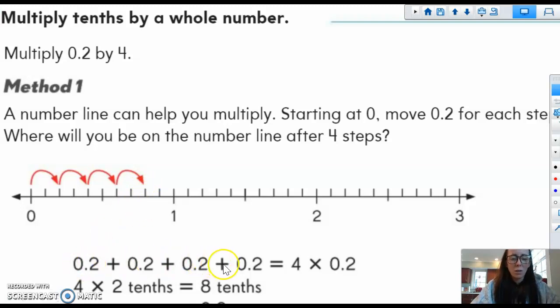So you can see that down here, I have 2/10 plus 2/10 plus 2/10 plus 2/10 is the same thing as 4 times 2/10, which ends up being 8/10. So that's one way to think about it, is that number line, and you're skip counting those 2/10 however many times it is that you're multiplying.